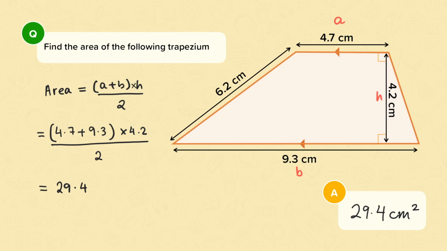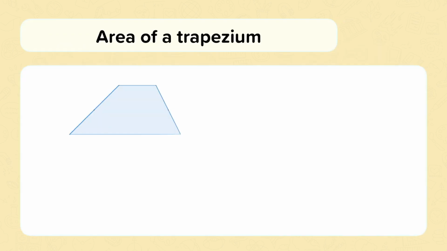So to understand where this formula comes from, let's look at this general trapezium. So it's got parallel sides of length A and B, and it's got a height in between them, a perpendicular height, and we'll call that h. Now imagine cutting this trapezium in half this way.